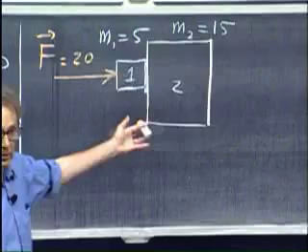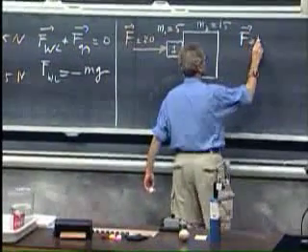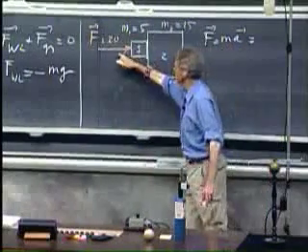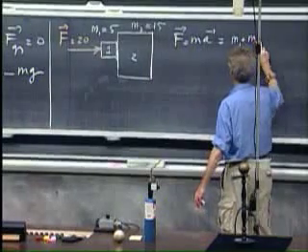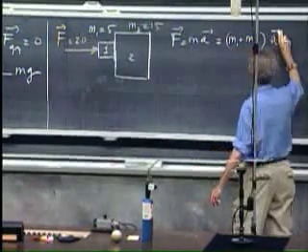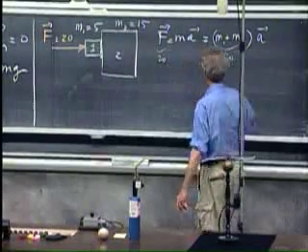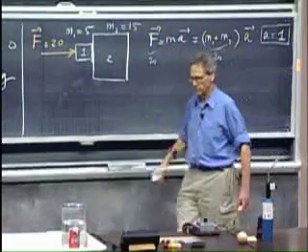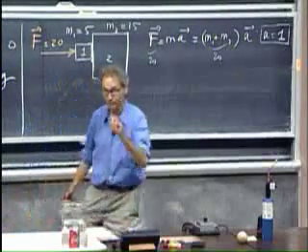What is the acceleration of this system? F equals ma. Clearly, the mass is the sum of the two. This force acts on both. So we get m1 plus m2 times a. This is 20. So a equals 1 meter per second squared in the same direction as F. So the whole system is being accelerated with 1 meter per second squared.